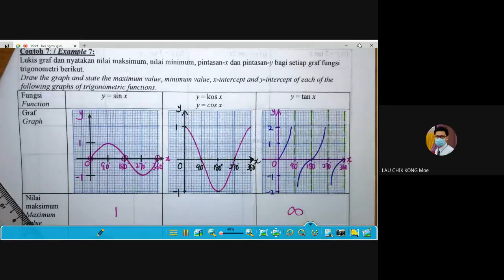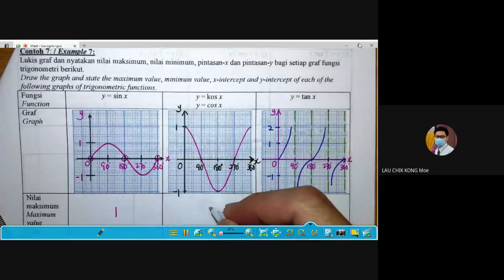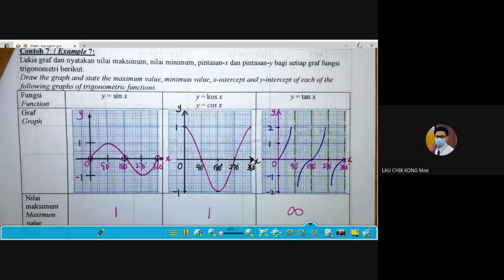Yeah, so this is your graph. This is your graph for the cos from -1 to 1. Okay, so this is your cos. And then if you look at here, the maximum is 1, minimum -1.